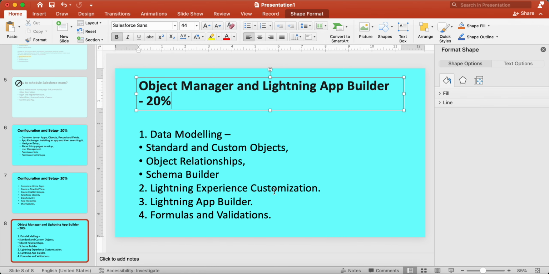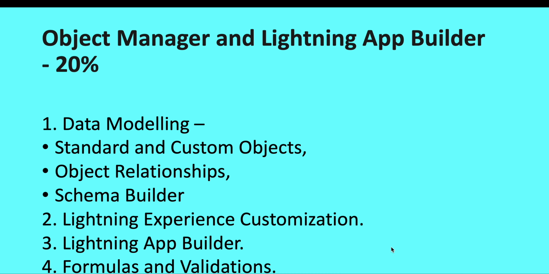So what we will be discussing in this topic is data modeling. I will be discussing data modeling, which consists of standard and custom objects, how we can create custom objects in Salesforce, and then how we can define the relationships between the objects. There are two kinds of relationships, how we define them, and what the difference between both of them is.